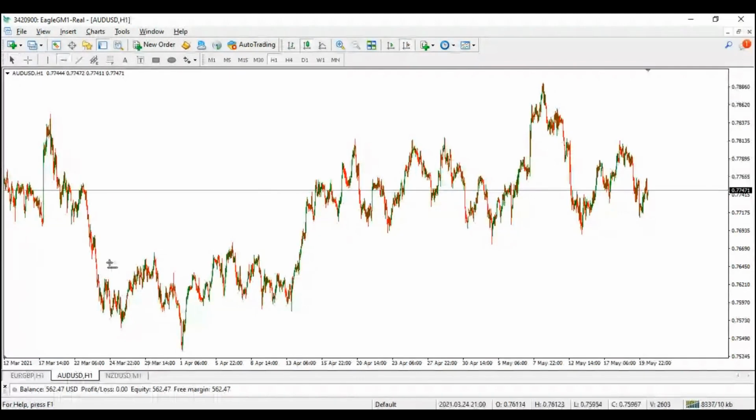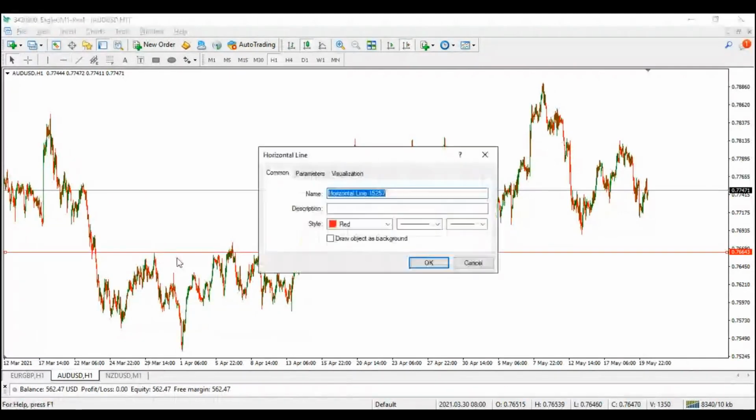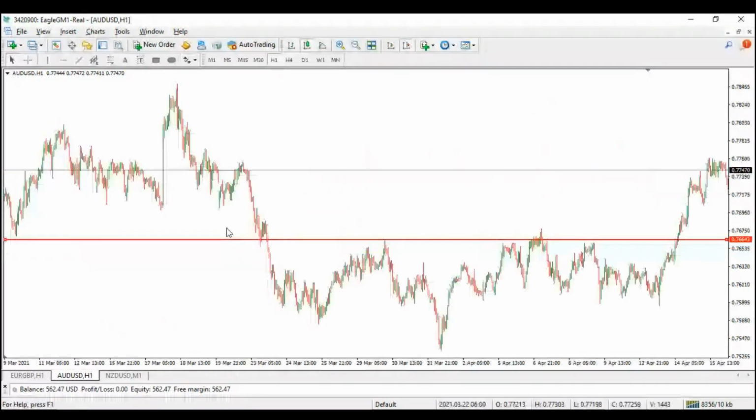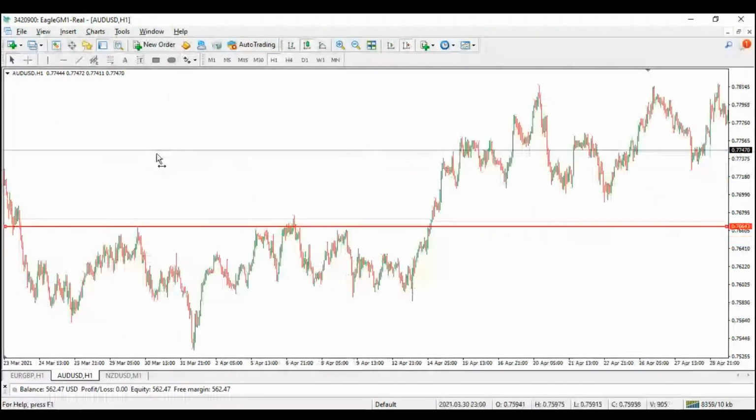Now, look at this right here. This is resistance, okay? You can see right here what price did.